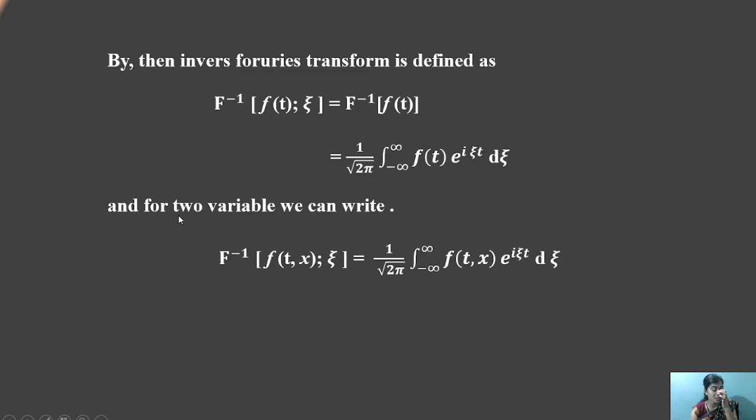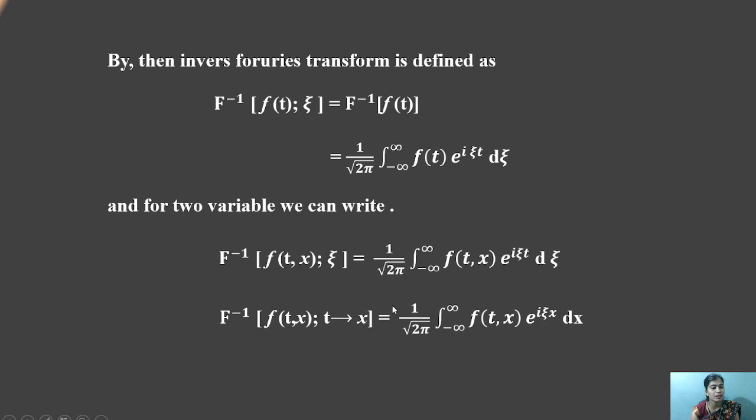When using more than one variable, that is two, three, four or more variables, F to the power minus 1 of f of t, x, xi equals 1 upon square root of 2 pi, integration from minus infinity to infinity, f of t, x, e to the power i xi t d xi.